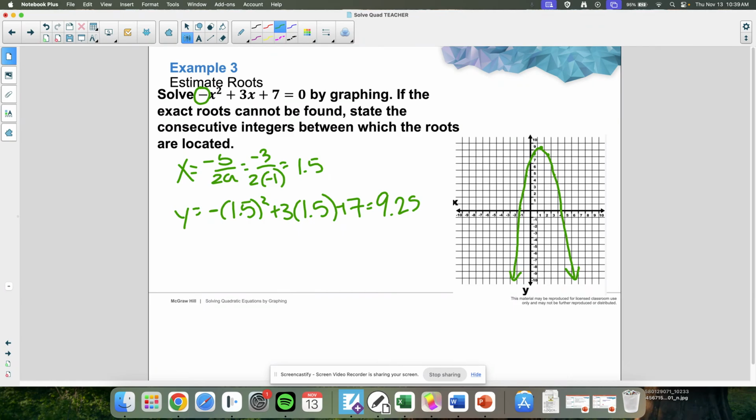But is it at nice numbers? No. So for right now, we are just going to estimate these. Whenever you're asked to estimate them, when you find your zeros, your solutions, your roots, you just state what 2 numbers they're in between. So the one on the left side, what 2 numbers is that going to be between?